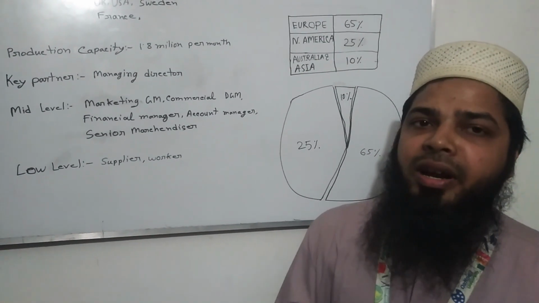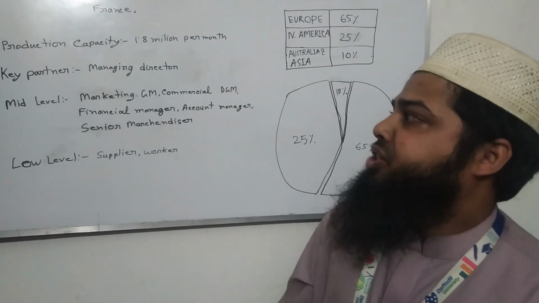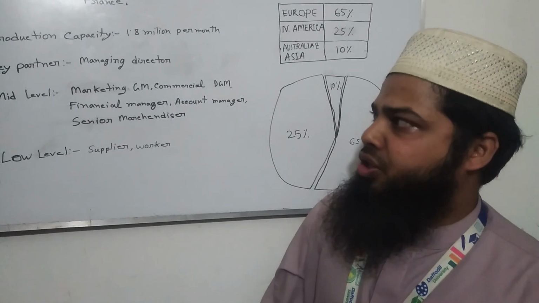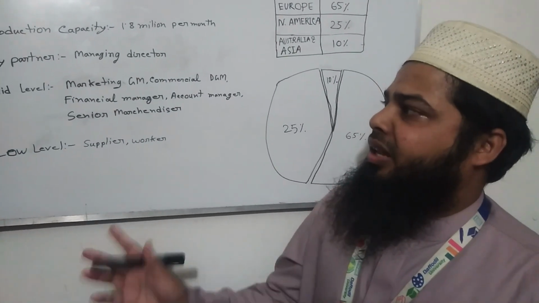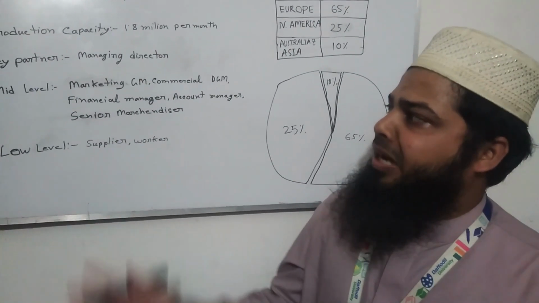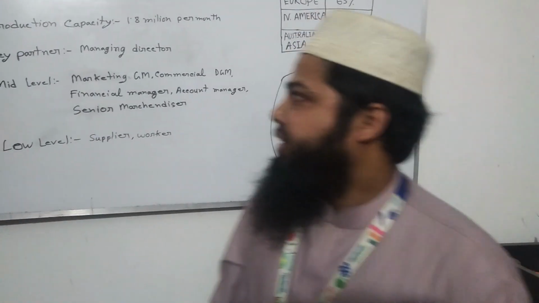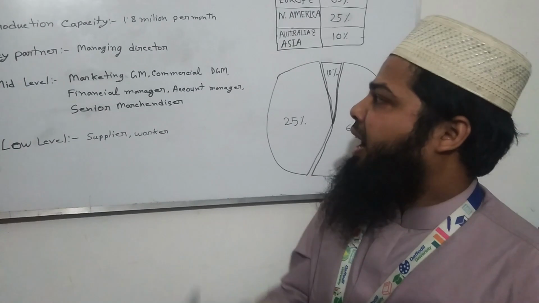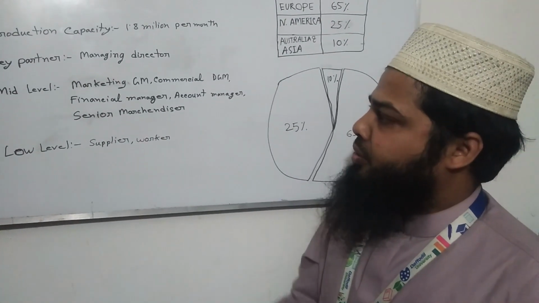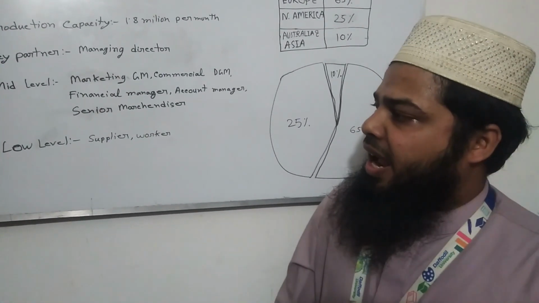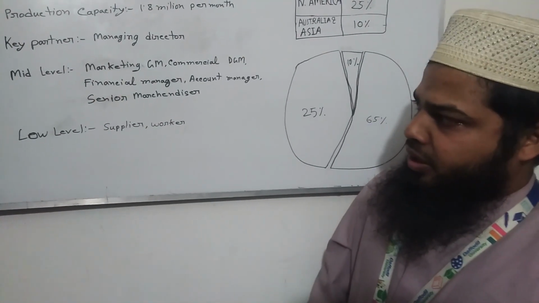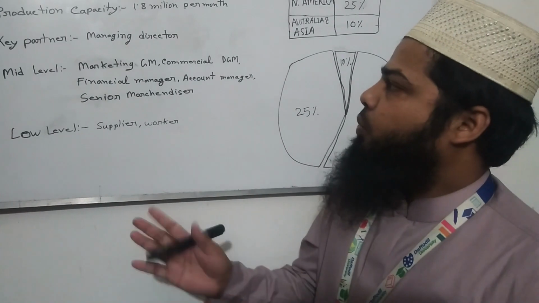Their key partner depends on the managing director, only one person who leads or commands the top level, then the mid level: marketing, GM, general manager, finance management, accounting manager, senior merchandiser, etc. And the low level of their company: supplier, worker.